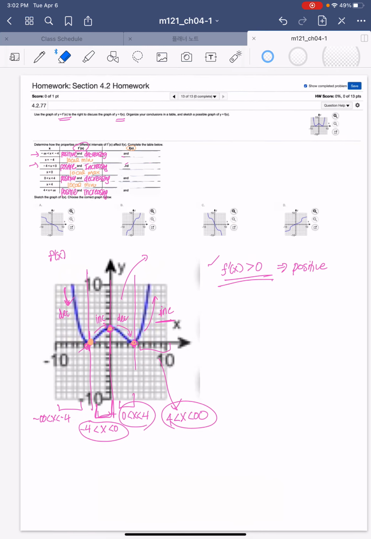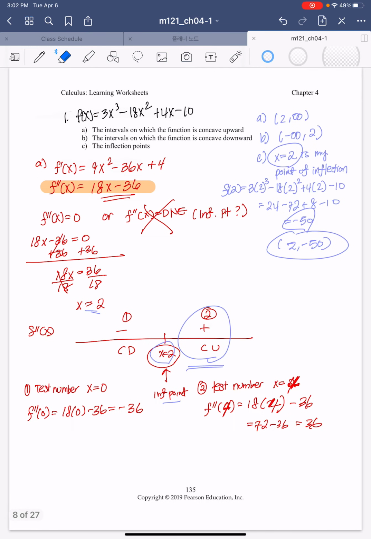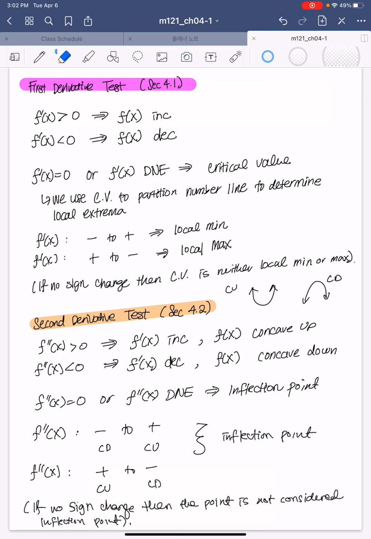So this part over here is going to be dealing with the original function. So let's take a look at our summary over here. This is where it comes in handy.